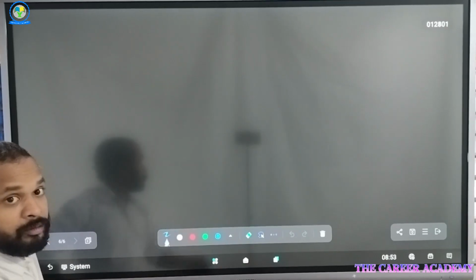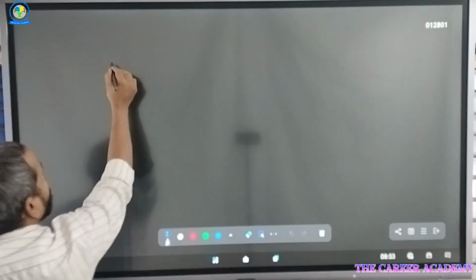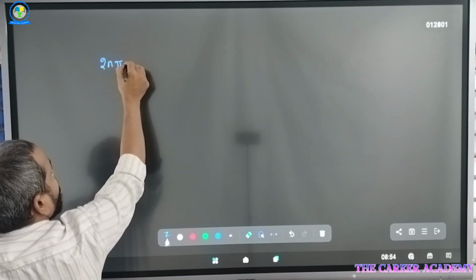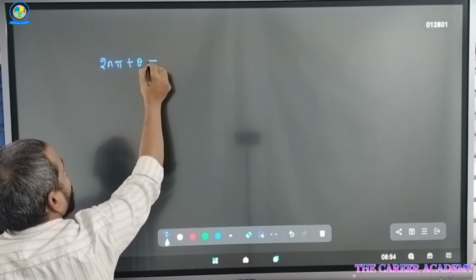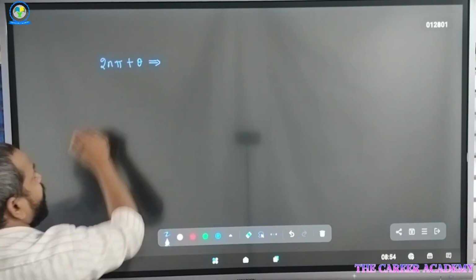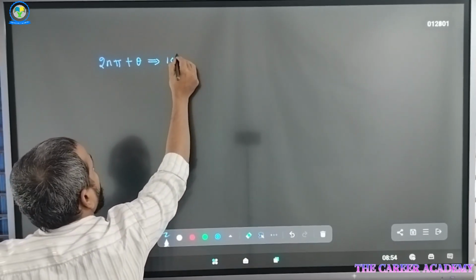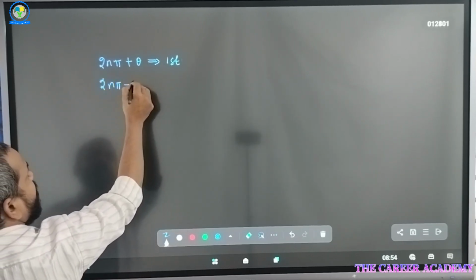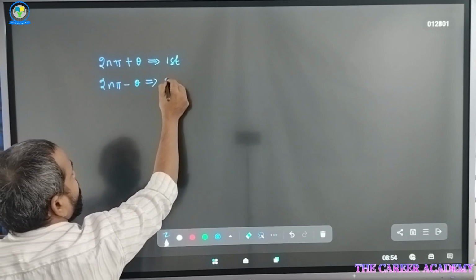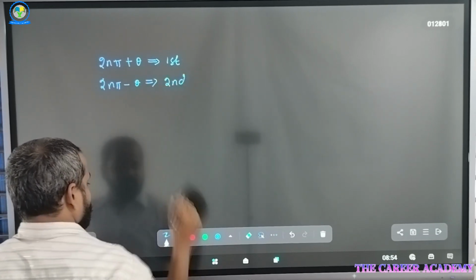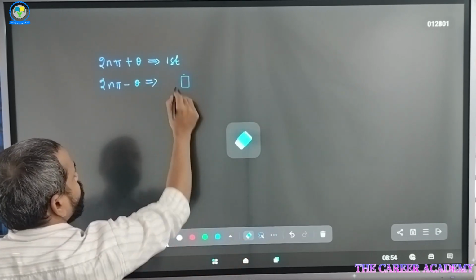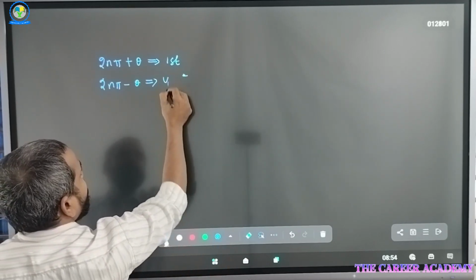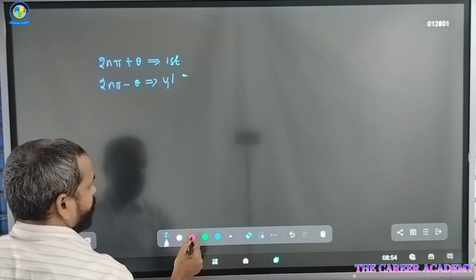Now see what we learned about the quadrants, what you have to remember. If you see 2n pi plus theta, it is the first quadrant. If it is 2n pi minus theta, it is the fourth quadrant.